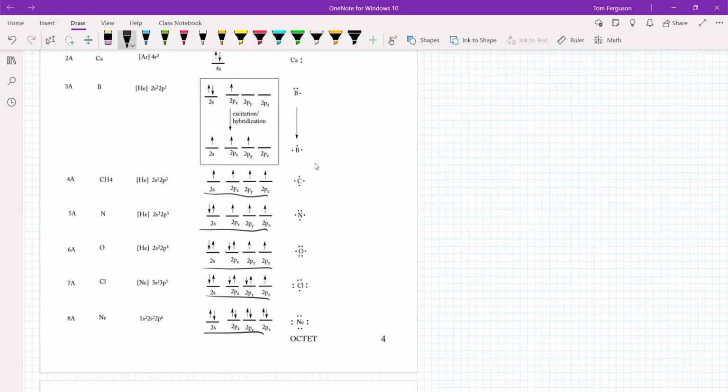Notice, for example, oxygen has got 2 pairs, 2 singletons. Now notice here the pairs are opposite. Here they're adjacent. That's equivalent. You can move the pairs and singletons around for convenience as long as you keep the pairs of electrons together.